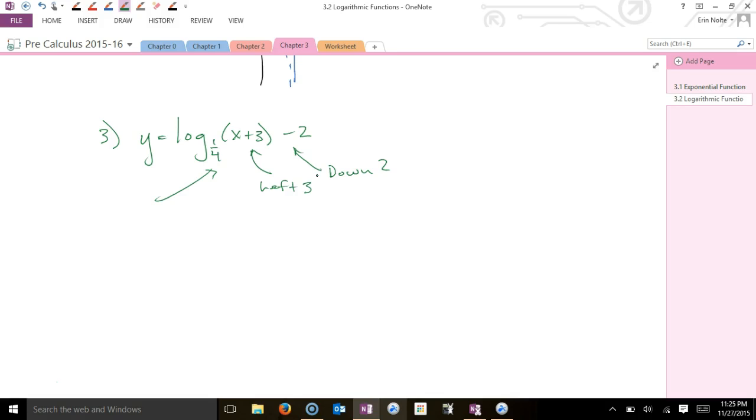See if I can confuse you some more. Now, what does this one look like if it has a base of 1/4? Imagine the exponential decay looks like this, and if I took that and reflected over the axis of symmetry, so this reference point, what does it look like?